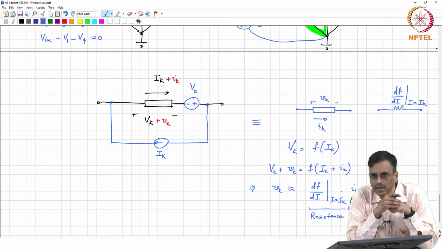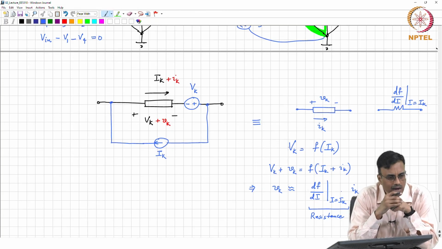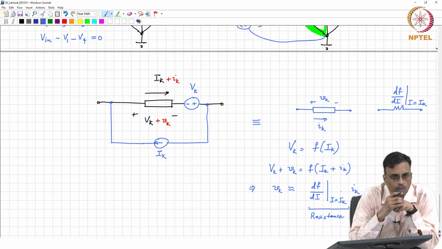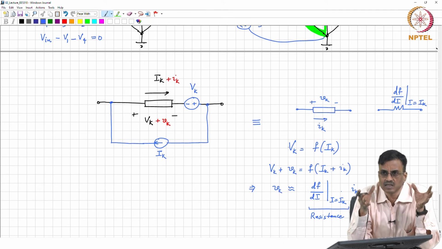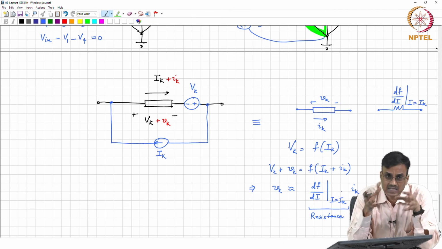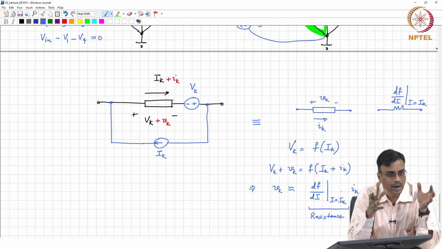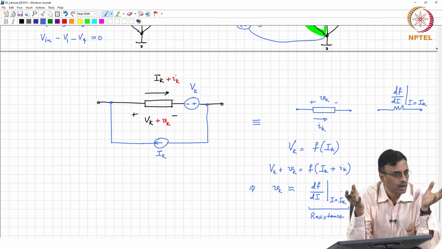Finding the operating point is going to be a difficult affair and has to be done numerically, but once you find the operating point, if you change the excitation by a small amount, the changes in the branch currents and the changes in the branch voltages can be related to the change in the excitation by a linear network.